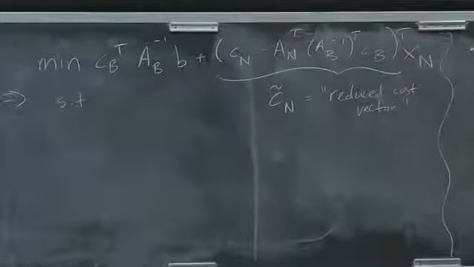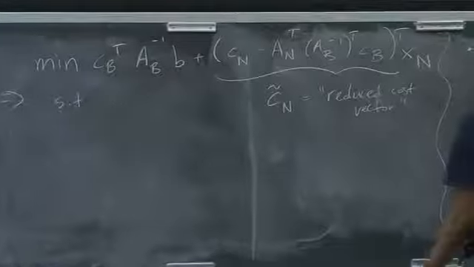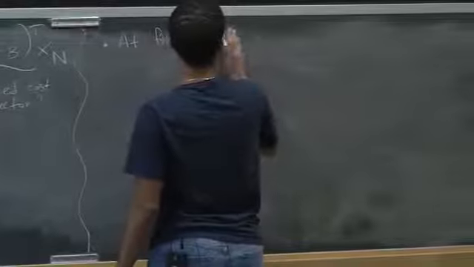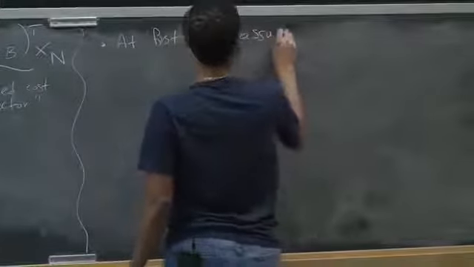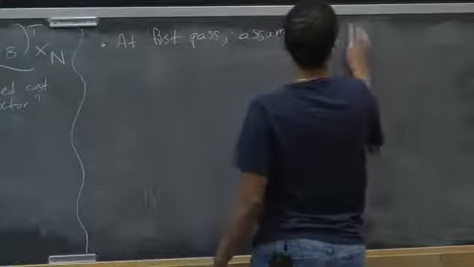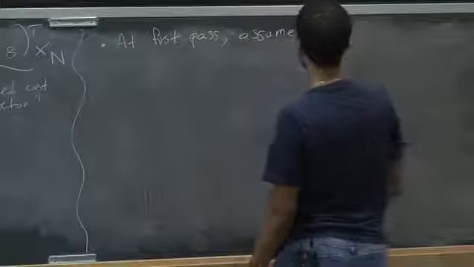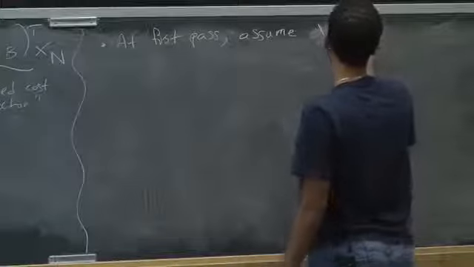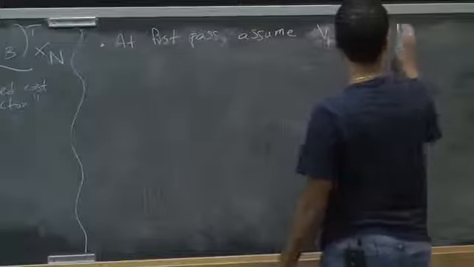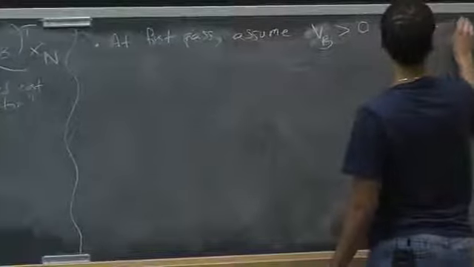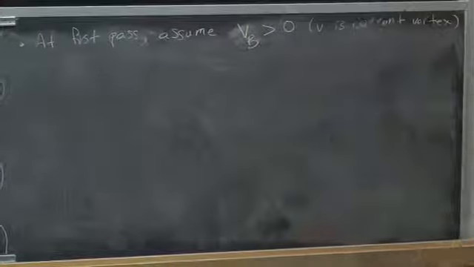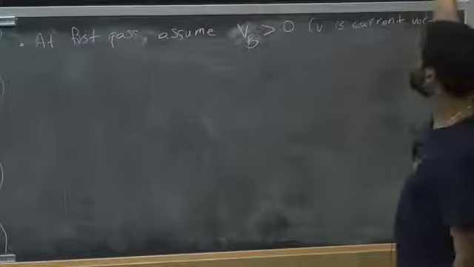And now, at first pass, assume that, so let's say the current vertex is v. Assume that v_B is strictly positive, meaning that B prime and B were the same, right?